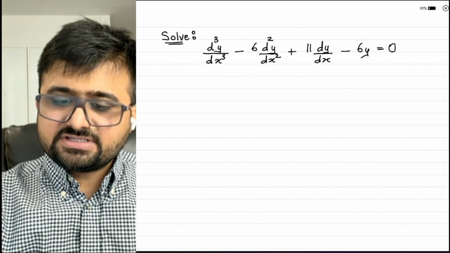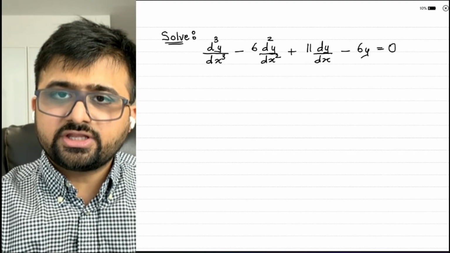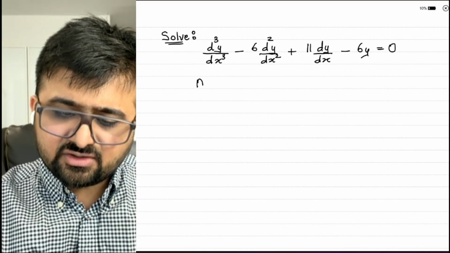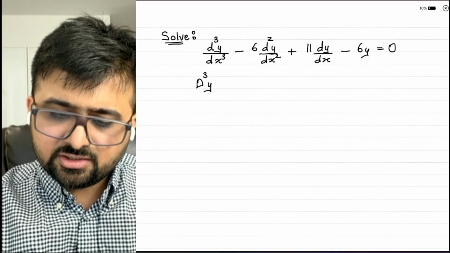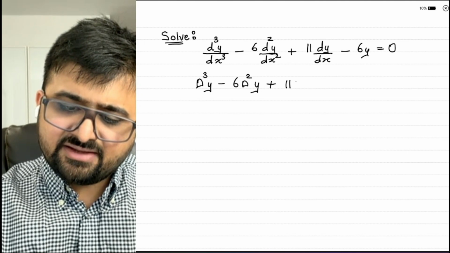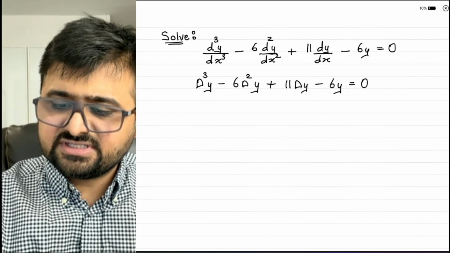Now we want to solve this differential equation, which is given over here. Let's first convert it into the notation form in the operator D. So what do I mean by this? I can write this also as D cubed y minus 6 D square y plus 11 Dy minus 6y is equal to 0.